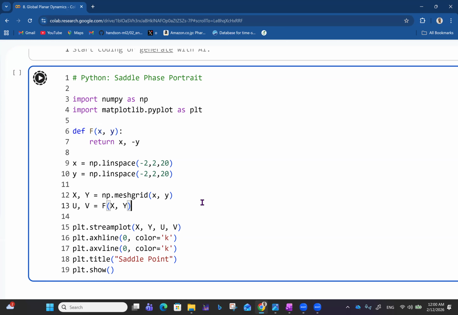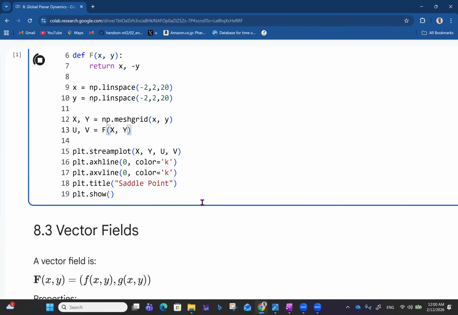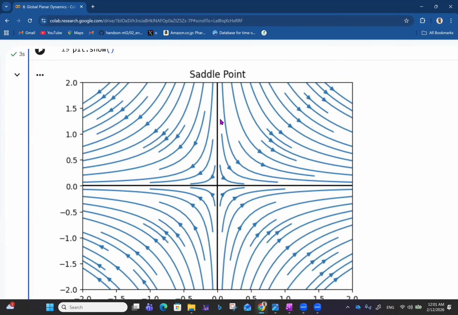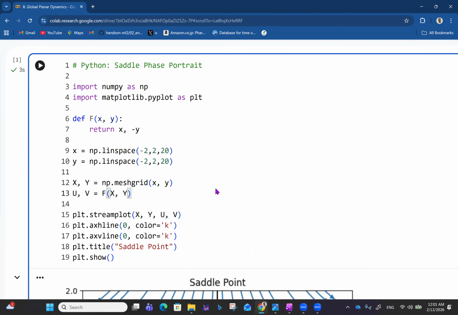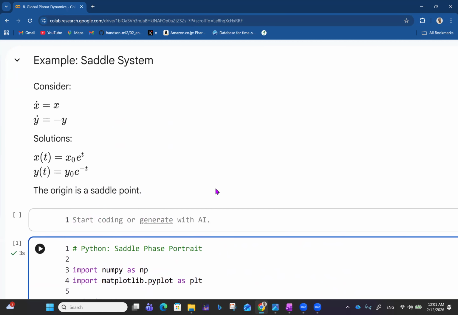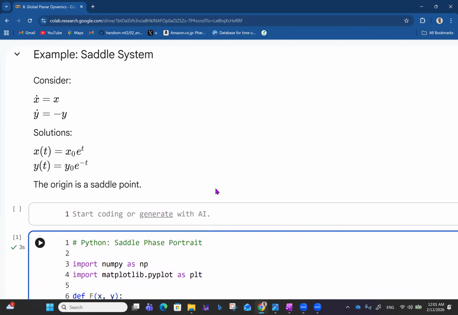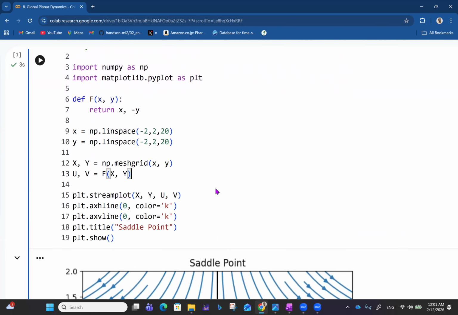From the eigenvalues we know that we have a saddle: one is positive, the other is negative. So we get a saddle like this, with everything moving. This is the point, by the way. But of course the equilibrium point is (0, 0): if you equate x to 0 and minus y to 0, you get (0, 0).